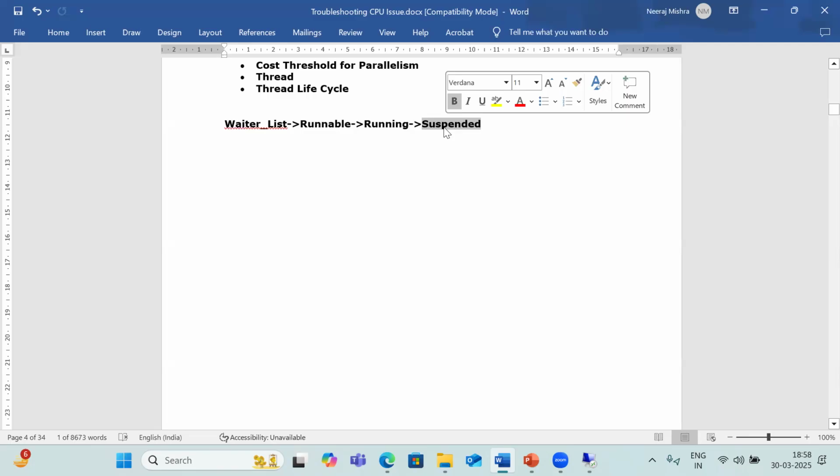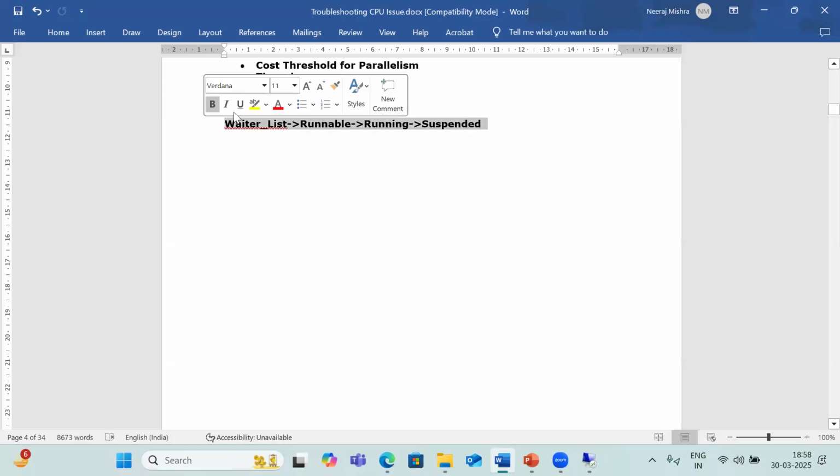In that case, the query thread will put itself into the suspended state and it will relinquish or free its 4 milliseconds of time that was allocated to it for utilization by other threads. And this algorithm is known as the cooperative scheduling algorithm.